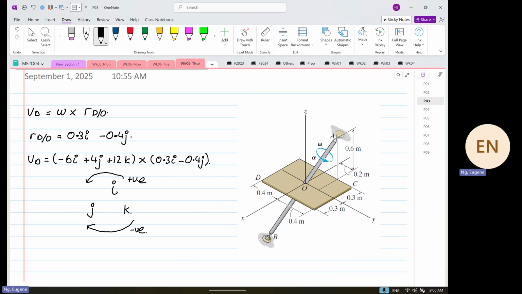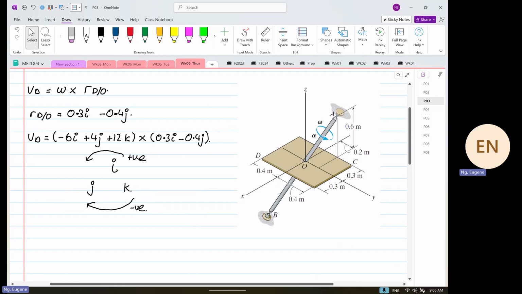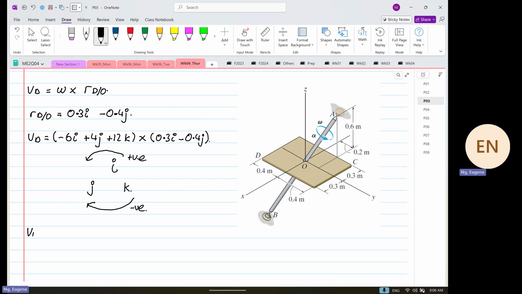So how does this work? Okay. So we are going to find Vd using this notation. So Vd. I and I, nothing. Right? I and j, so you take your minus 6, and you take your minus 0.4.